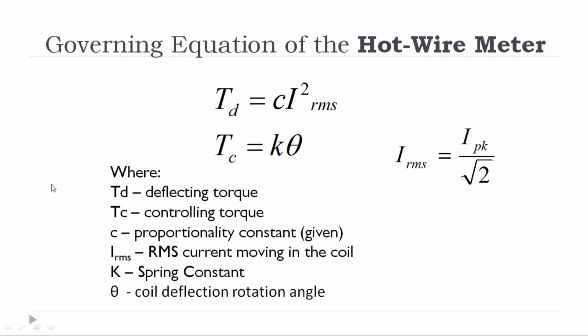RMS equals I peak divided by square root of 2. If this was not discussed in basic electronics or electricity, let's recall the conversion from root mean square to peak. The controlling torque is the same: spring constant times the coil deflection angle.